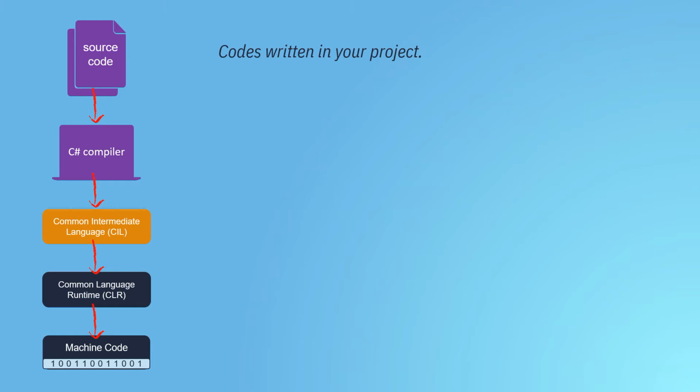And the compiler is a program in Visual Studio that transforms your code into a CIL. In the last video, when we pressed the Start button to run our Hello Robot program, Visual Studio activated the compiler to compile the source code into the hello_robot.exe file.